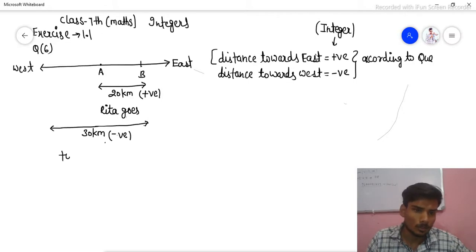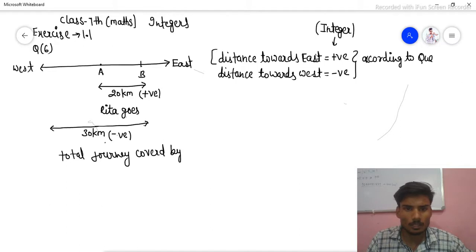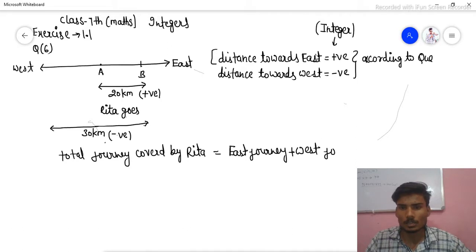So the total journey covered by Rita is the east journey plus the west journey.